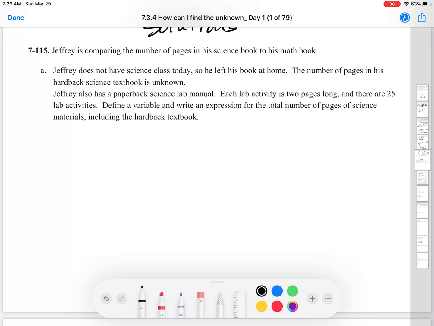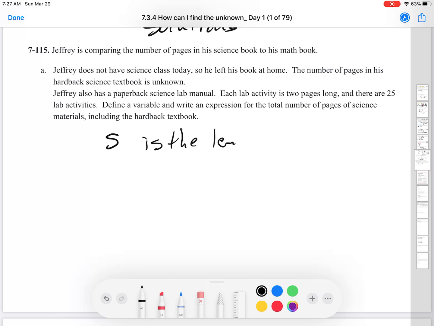So what we could do is we could just say S is the number of pages of the science hardback book, right?